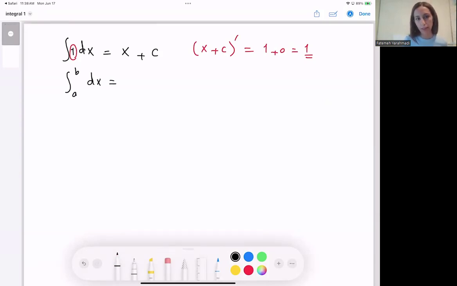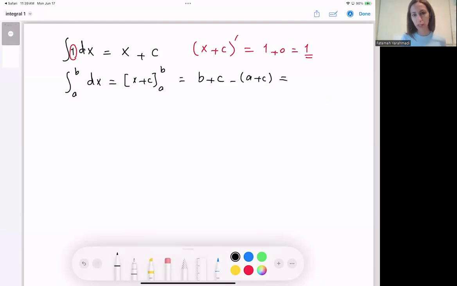This is basically saying that, hey, I have x plus c, then I'm going to substitute b, substitute a, and do the subtraction. So this is x plus c as x ranges between a to b. If you plug in b, you get b plus c minus, if you plug in a, remember that you have a binomial, you have a plus c.